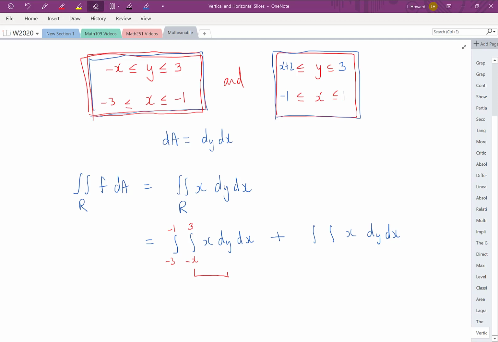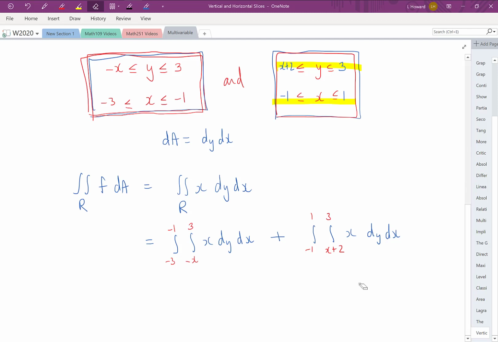So that describes the double integral of the function x over that left side of the region. And then we still need the double integral of our function x over the right side of our region. Okay, so again, y values will go on the inside integral, x values will go on the outside, and this time we're looking up here to see the description of the right side of our region. Okay, so y values are going to go from x plus 2 to 3, and then our x values are going to go from -1 to 1.